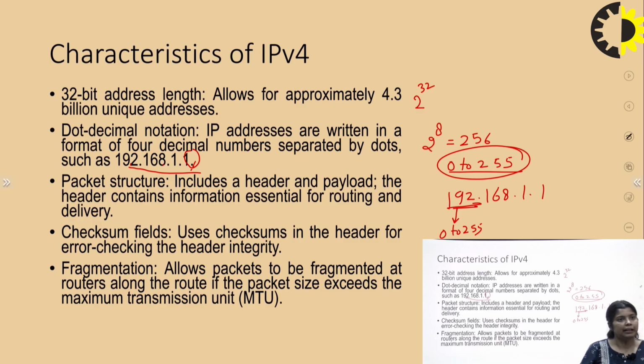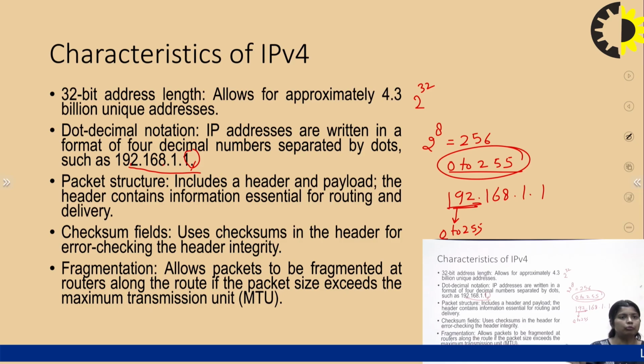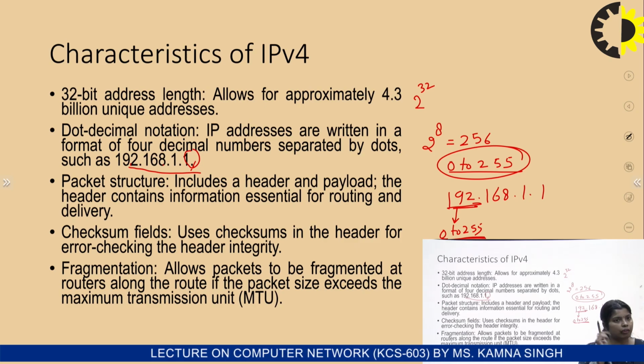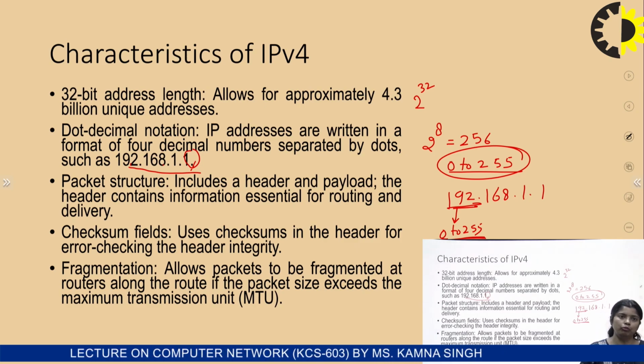Otherwise, it will be an invalid address. And why is this so? Because we are starting from the 0 value. If we start the value from 1, then it goes from 1 to 256. But we are using IP addresses in dotted decimal notation starting from 0. So the range for a single octet is 0 to 255.